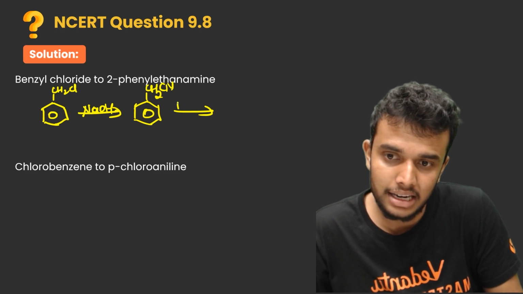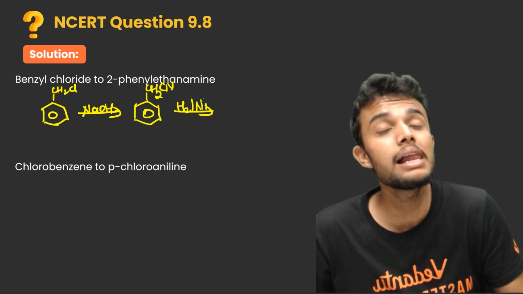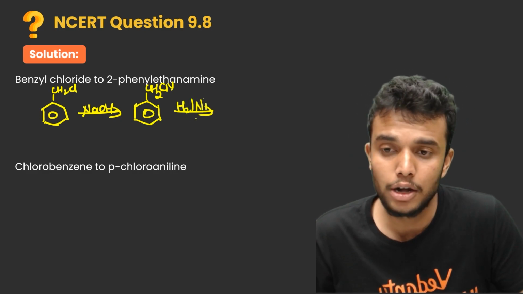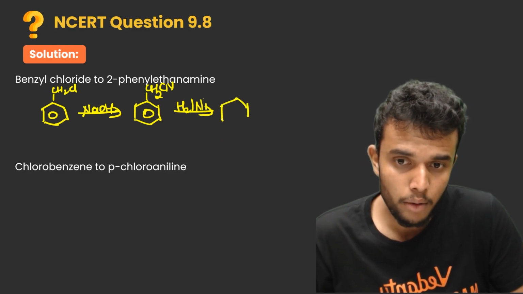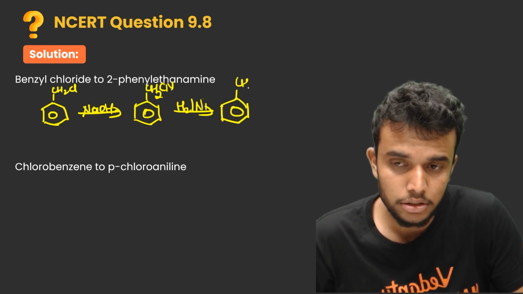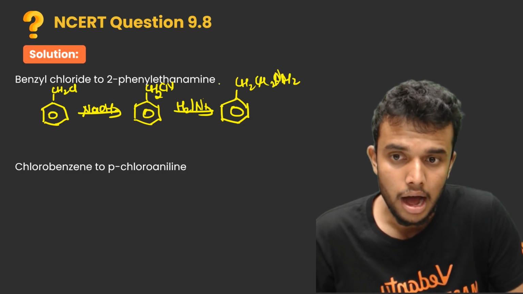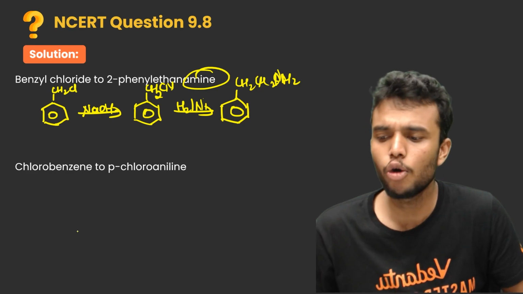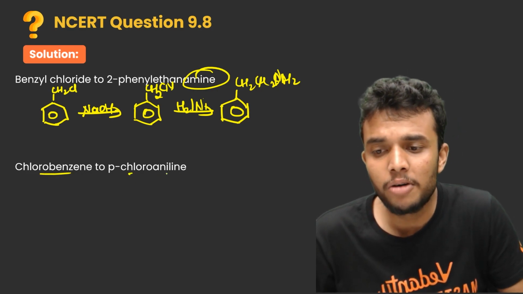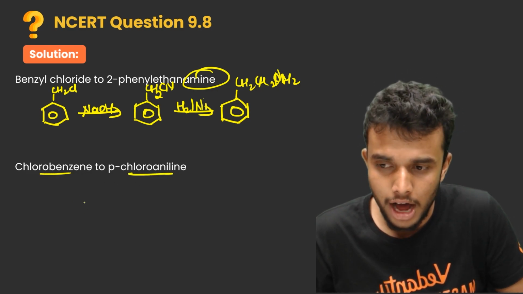Then it undergoes nickel catalytic hydrogenation to yield our compound, 2-phenyl CH2CH2NH2. Not CN, here NH2, the amine. I hope it's clear.